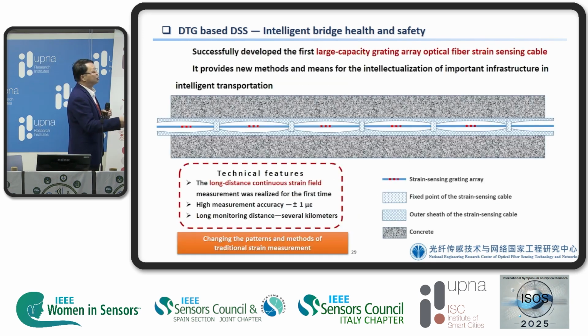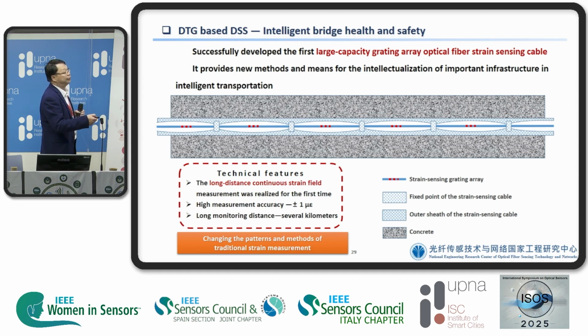In the cable we can make the gratings already pre-strained. Pre-strained means they are not loose. You already know how, and then it's easy to be calibrated, and then we can make this kind of continuous FBG strain arrays.